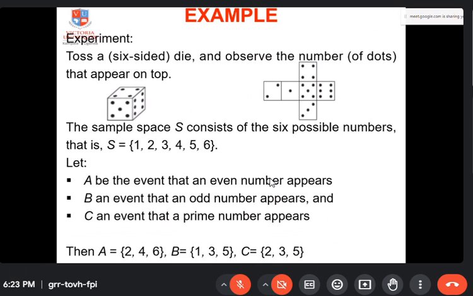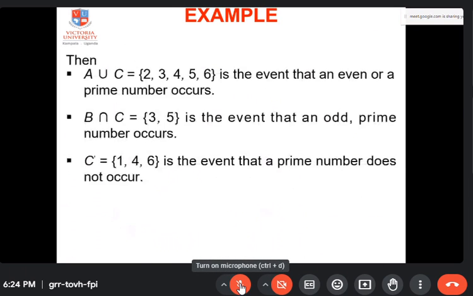Then set C, a set of prime numbers. It will have 2, 3, and 5. Okay? We continue? Yeah, let's go on, sir.